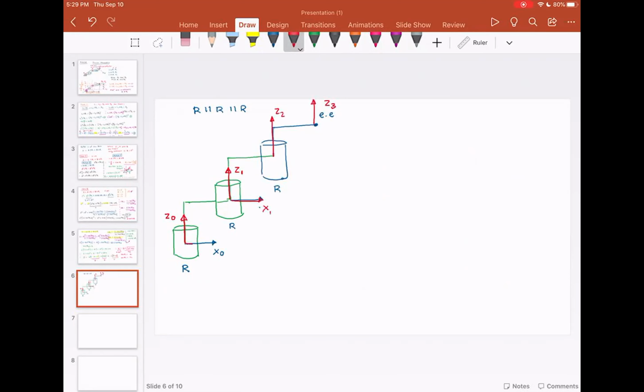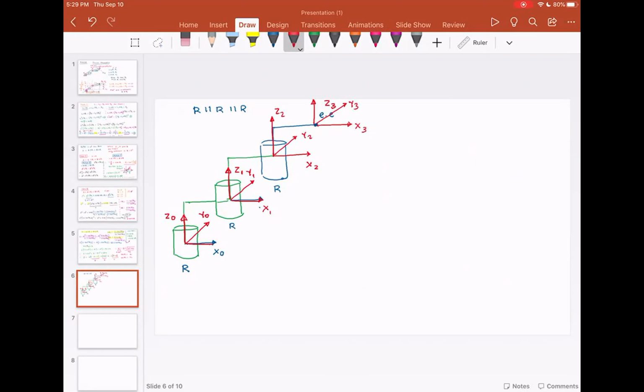So this is X1, then X2, and X3. Then we need to add our Y's. So this is Y0, Y1, Y2, and Y3. Are you with me so far?